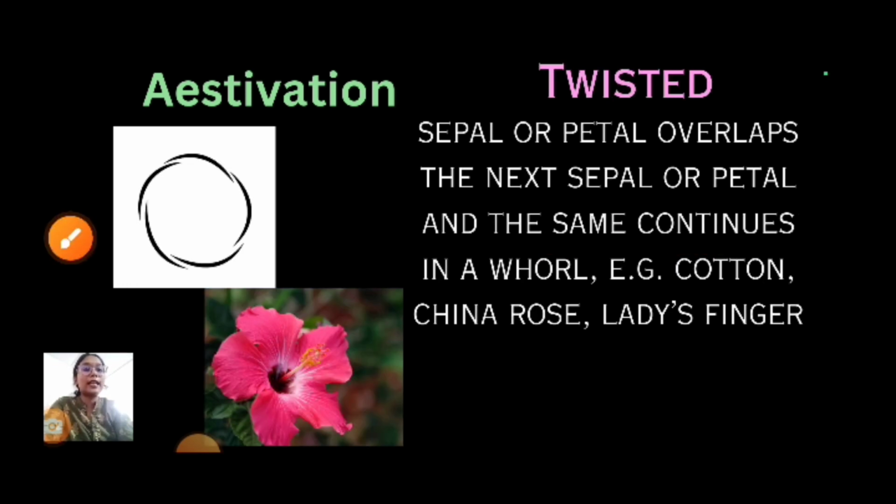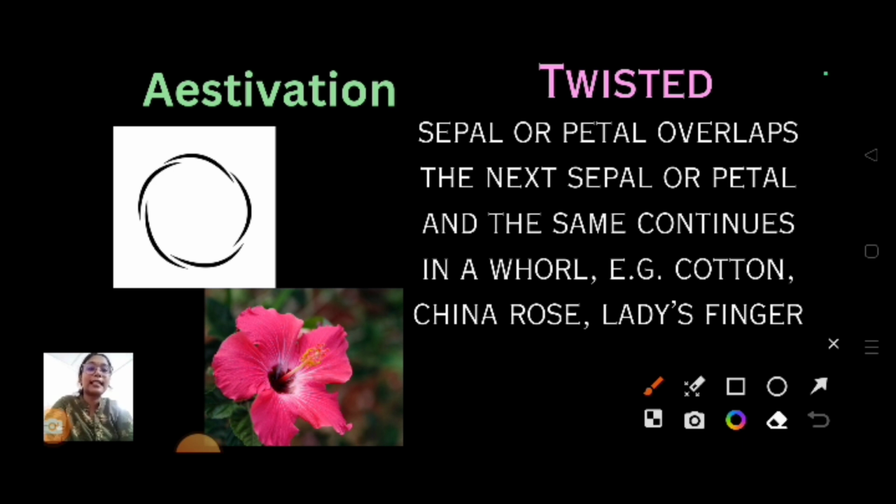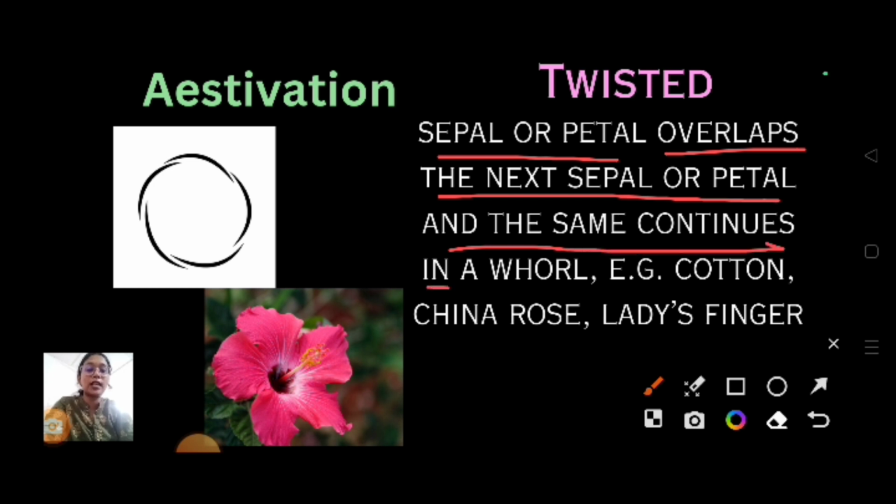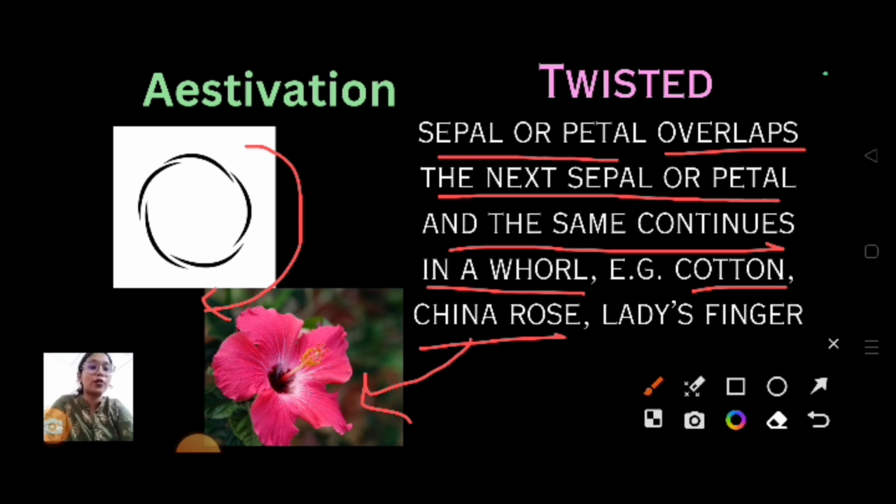So moving on to the next type of estivation, that is twisted estivation. In this case, sepals and petals overlap the next sepals or petals and the same continues in a whorl. So sepals and petals are arranged in an overlapping manner. Likewise, they maintain the same sequence throughout. Examples are cotton, China rose, this is hibiscus, China rose, lady's finger, where we can see twisted type of estivation.